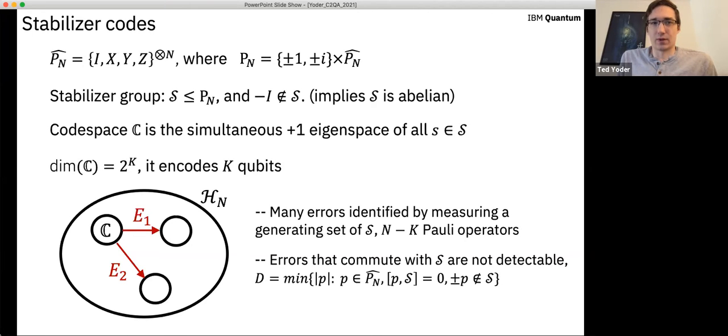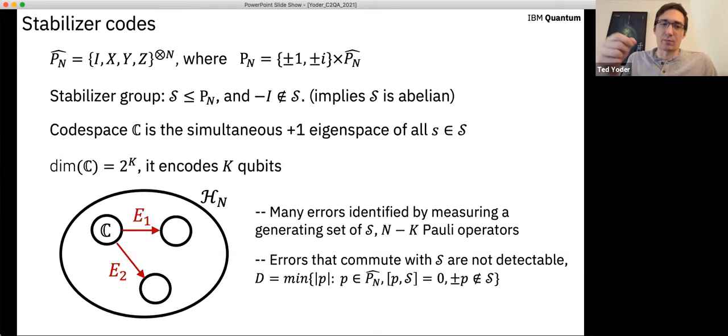So now the code space is defined as the simultaneous +1 eigenspace of all the stabilizers. And it turns out that the code space always has dimension that's a power of 2, and it will encode k qubits if its dimension is 2^k. Now, how can you envision this code space? Well, the code space is a subspace of the n-qubit Hilbert space.